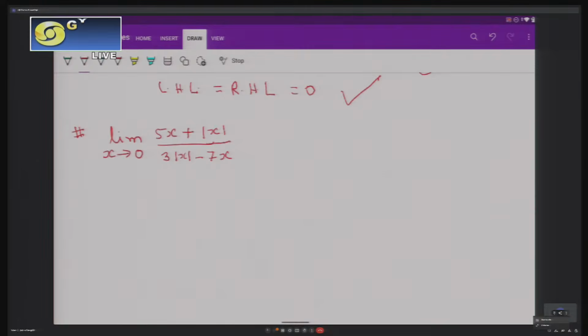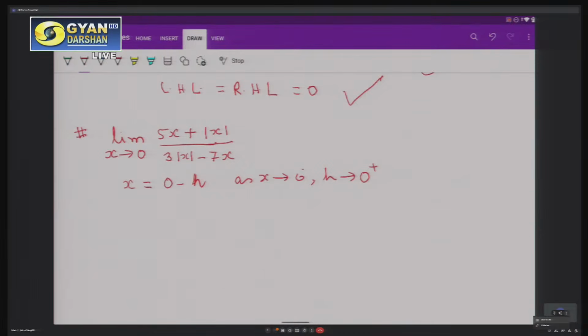Let us take from the left side that x is equal to 0 minus h. Okay, so as x tends to 0, h tends to 0 plus. So it will be limit x tends to 0 minus, 5x.